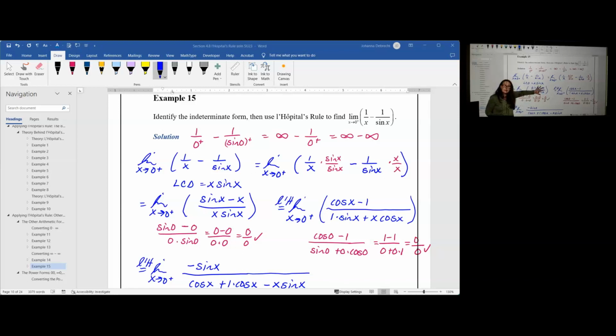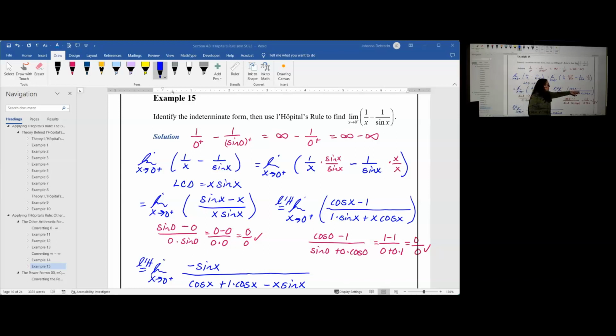Because I now have a single fraction, I thought it was time to reevaluate to see if I had a basic indeterminate form. That did result in 0 over 0. So I applied L'Hopital's rule, again noting that sine x and x sine x are all differentiable functions.